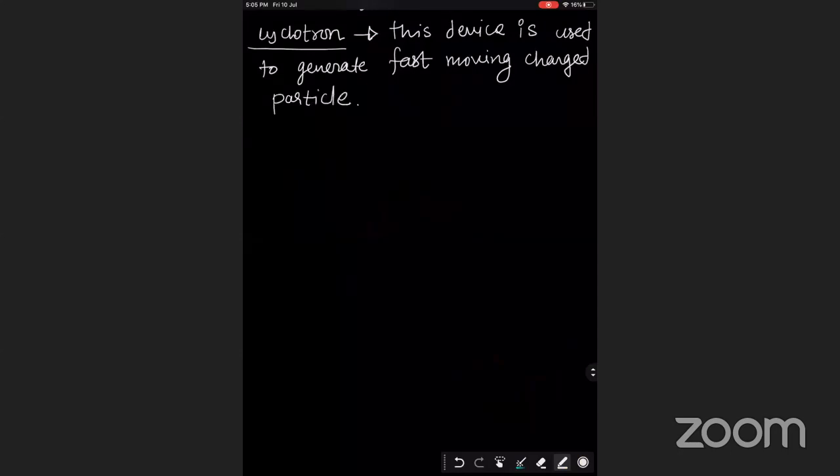Okay, this device is used to generate fast moving charged particles.